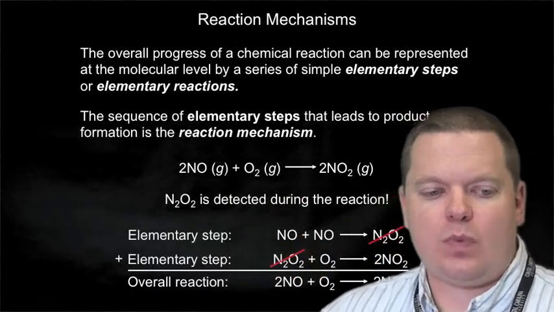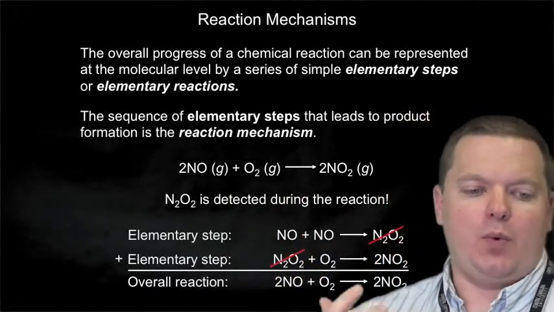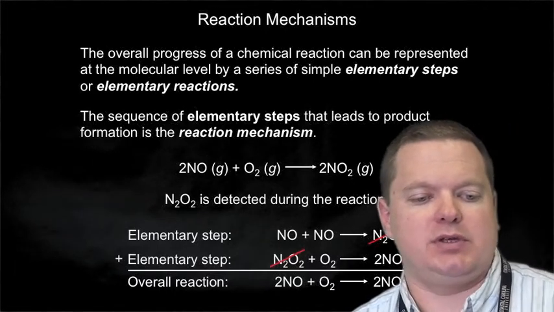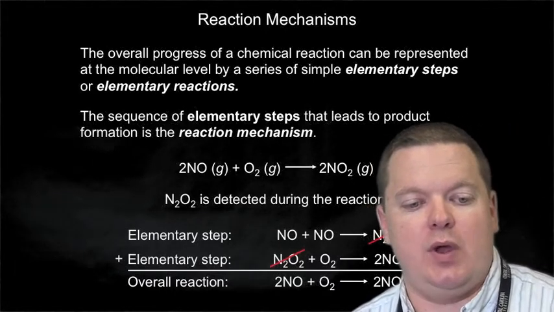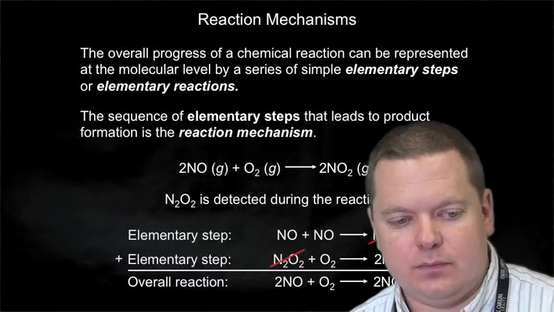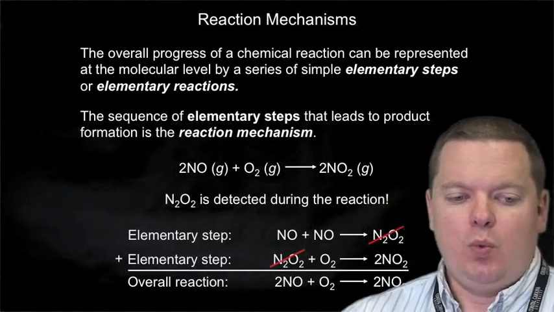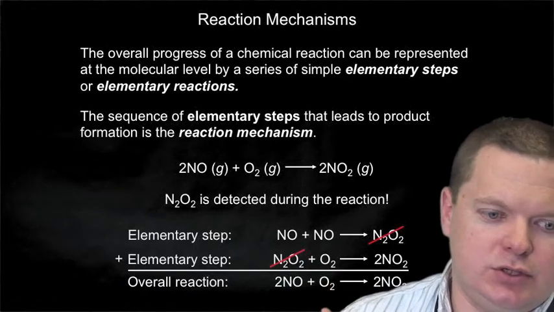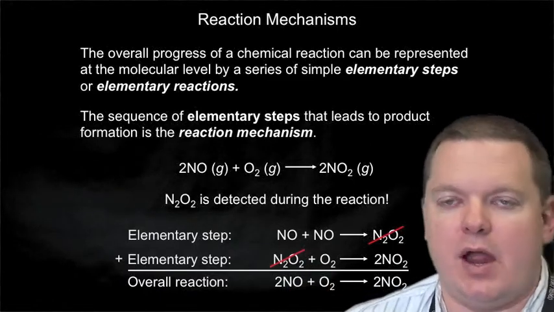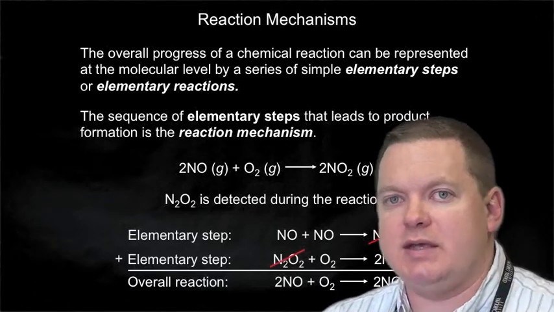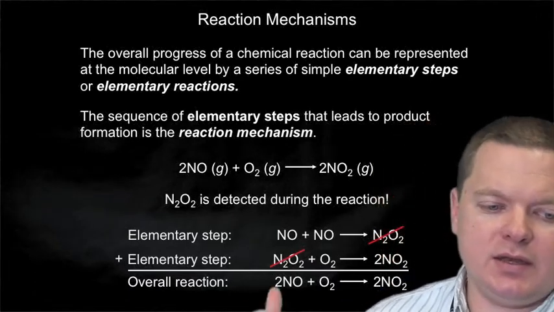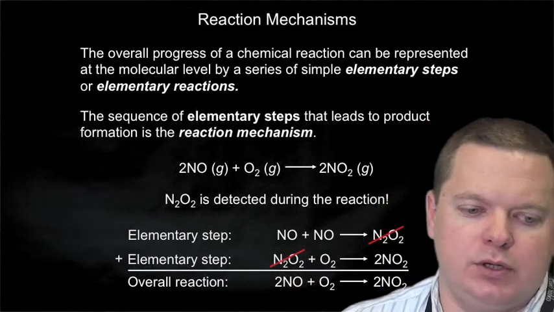So these elementary steps are an atomic view of what things need to happen to move us from reactants to products. All right, so if we look at a reaction of 2NO gas plus O2 gas goes to 2NO2 gas, we see that N2O2 isn't anywhere in this overall reaction. But if we monitor the reaction as it's proceeding, we can detect a compound N2O2, right?